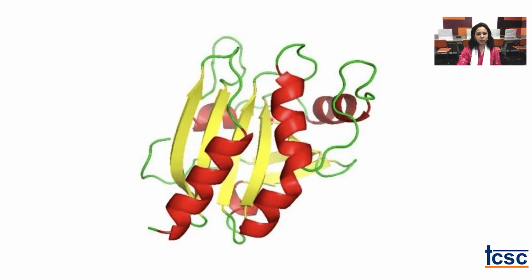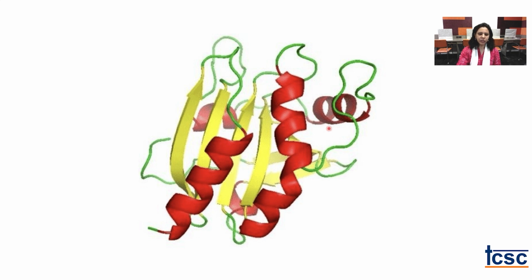And this is how a combination of the secondary structures looks. A globular protein will have both alpha helices, the ones in red that can be seen over here, and the one in yellow with the arrow orientation is basically the beta pleated sheet. We can see that there are four polypeptide chains which are folded into the beta pleated sheet, and four segments in the entire protein which are folded into the alpha helix.